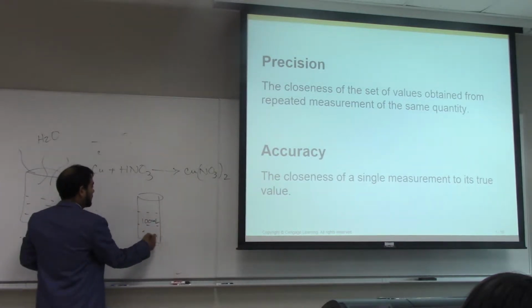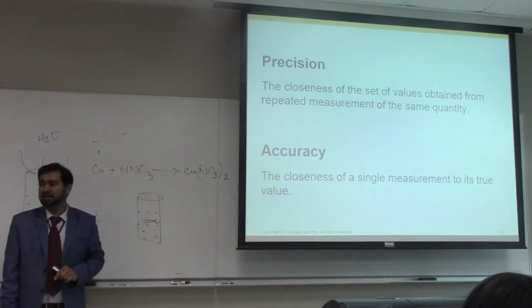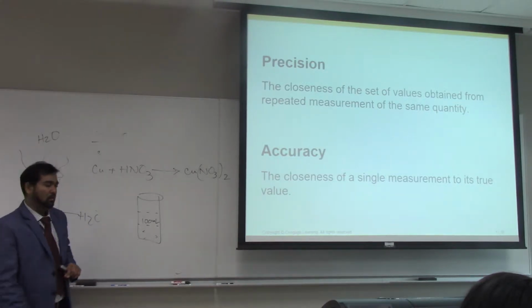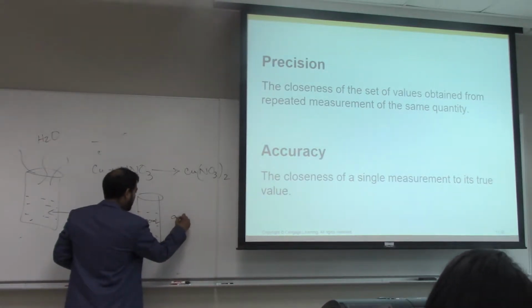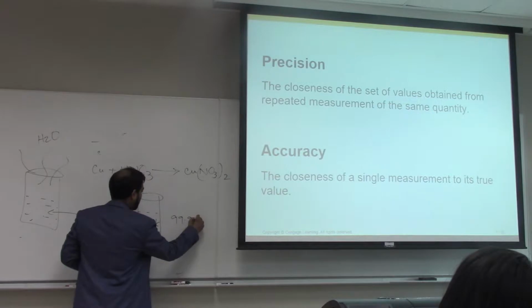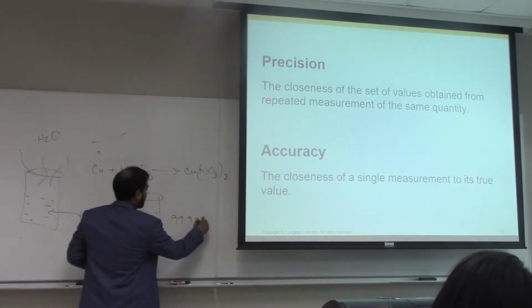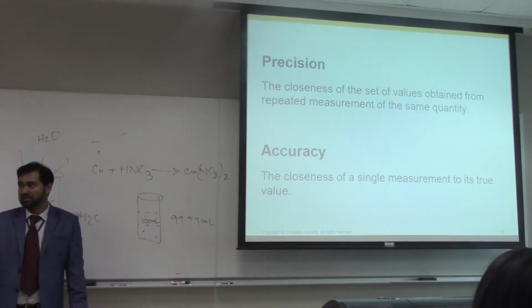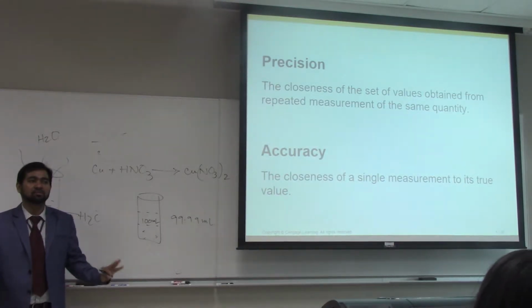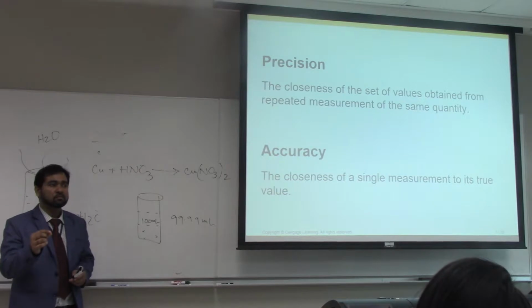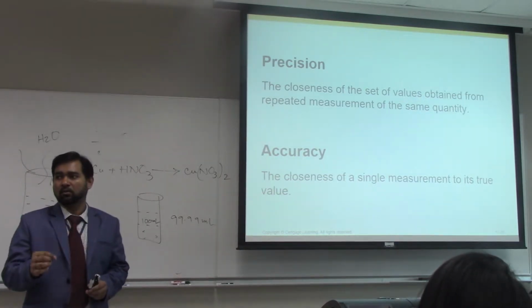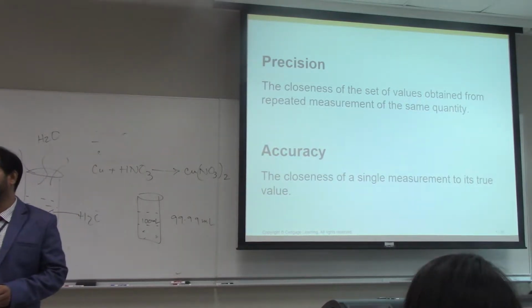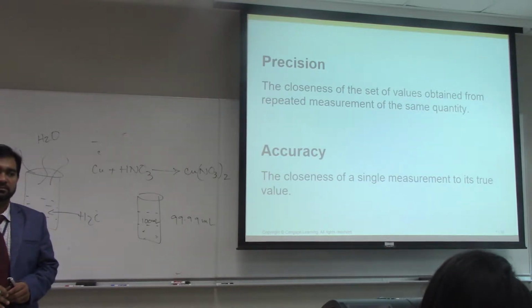If you take a graduated cylinder and measure it, and you get 99.99 milliliters, that shows that your measurement is accurate. That's exactly what accuracy means. If your measurement is close to the actual or true value, that's called accuracy.